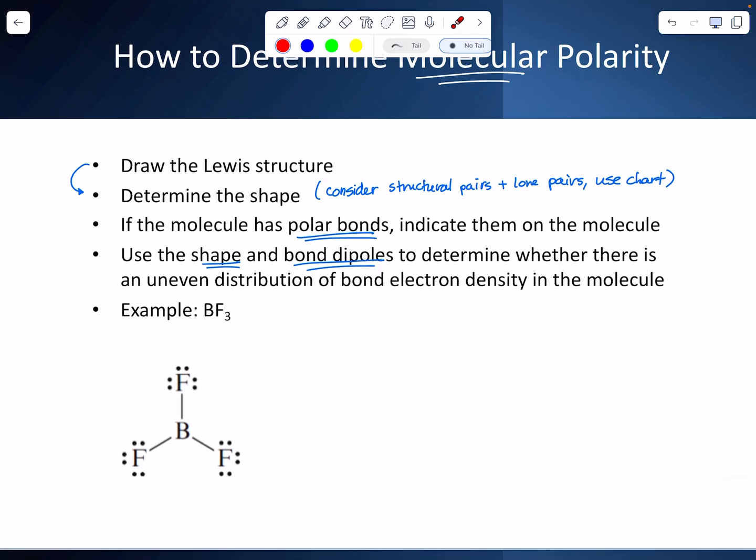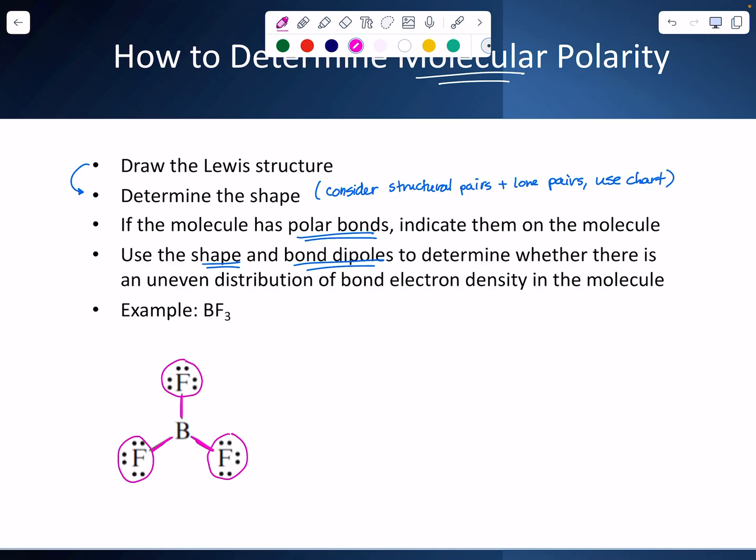So we have to consider shape in our considerations. Here we have a molecule BF3. So we've got three things attached to it, and we've got fluorines at each end of the bond.